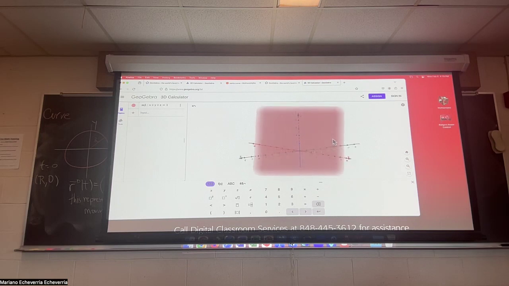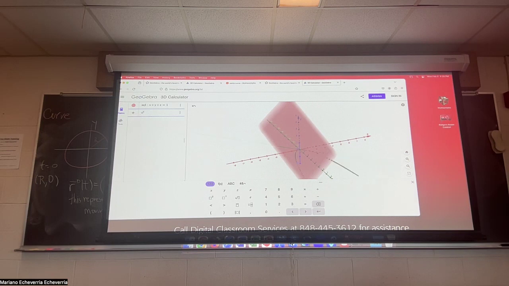And then I'm going to draw a cylinder as well. So let me draw x squared plus y squared equals 4, for example.